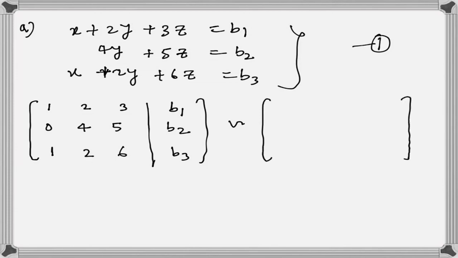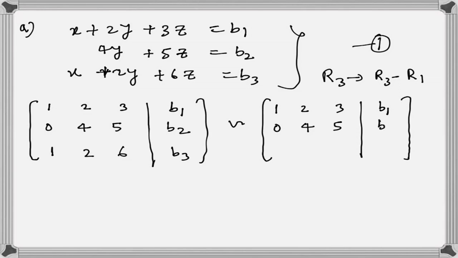We apply the transformation R3 goes to R3 minus R1. Okay, so the first row is as it is, 1 2 3 b1, the second row is also 0 4 5 b2, and the third row is 0, 0, 3, and b3 minus b1.